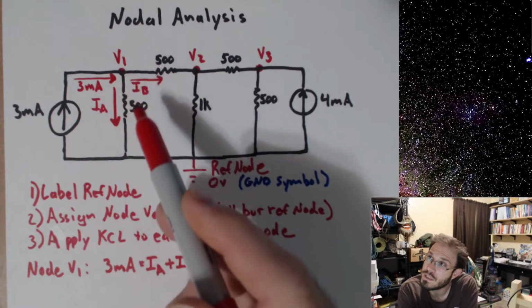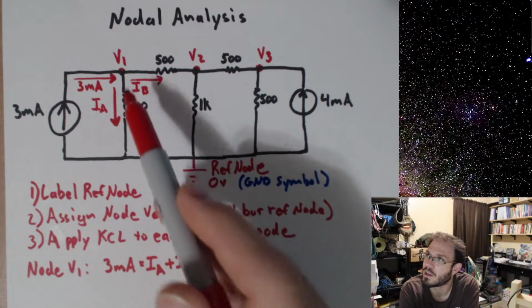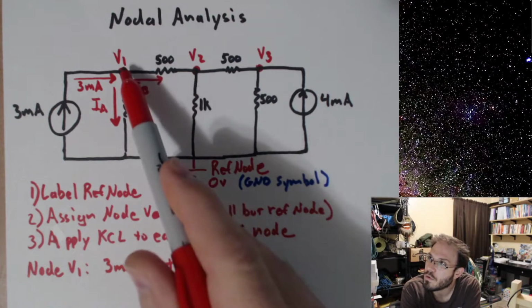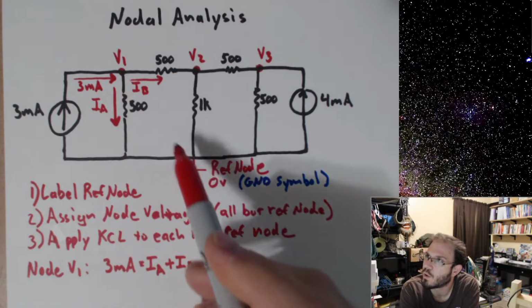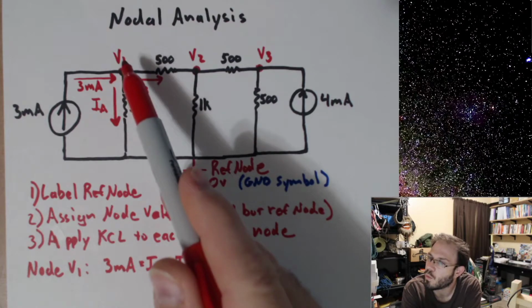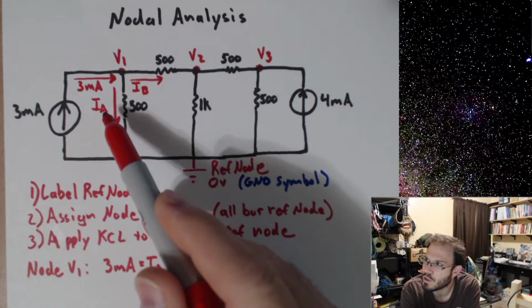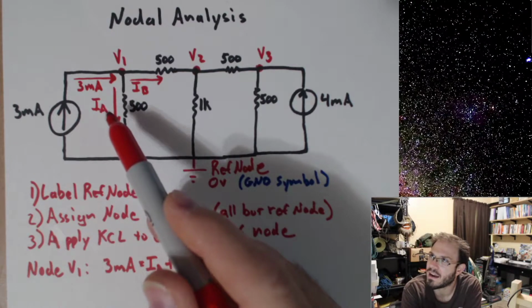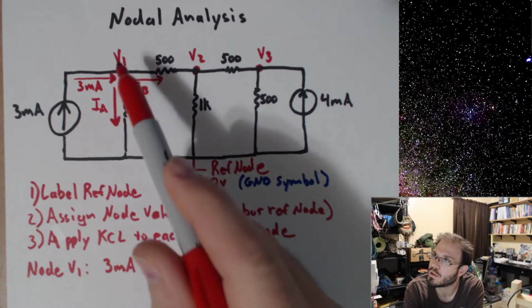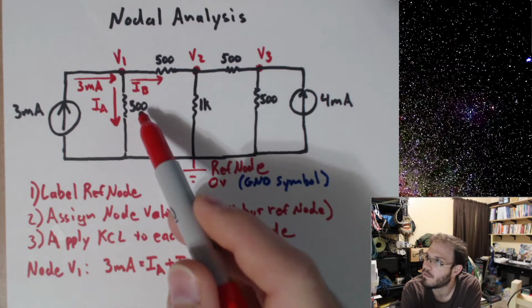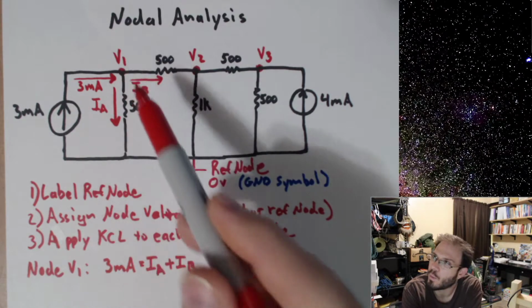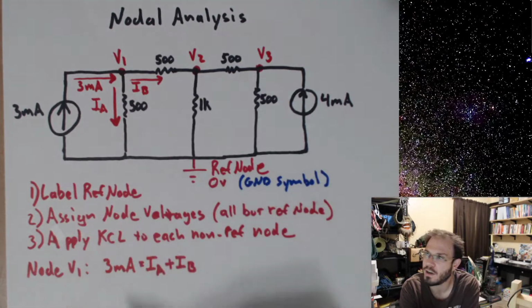So what's the voltage drop across this 500 ohms? Well, it's just V1 minus 0 volts. Or in other words, it's just V1. So if I want to write what IA is equal to, I can just invoke Ohm's law here and say that IA is equal to the voltage divided by the resistance, or V1 divided by 500 ohms.